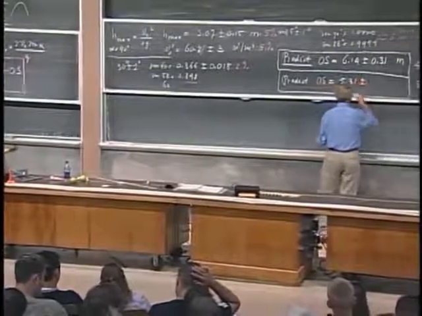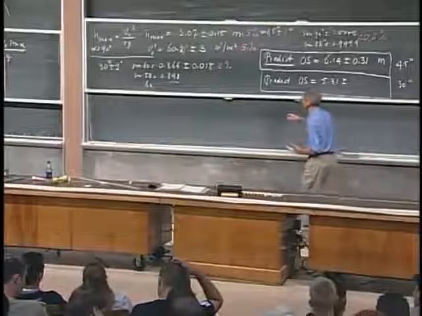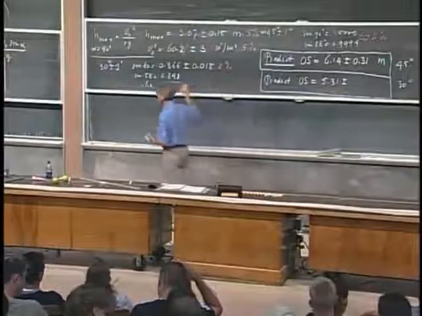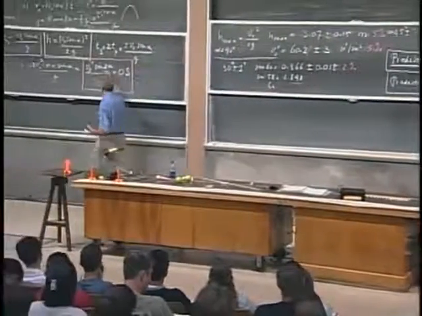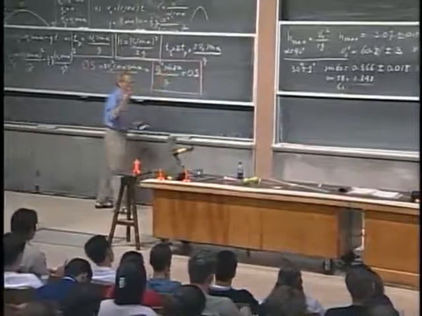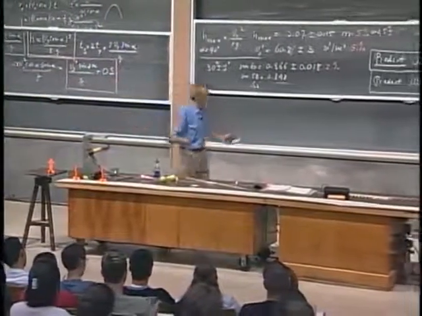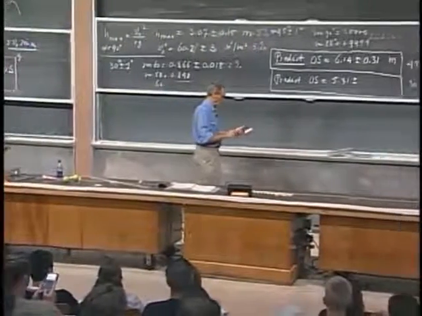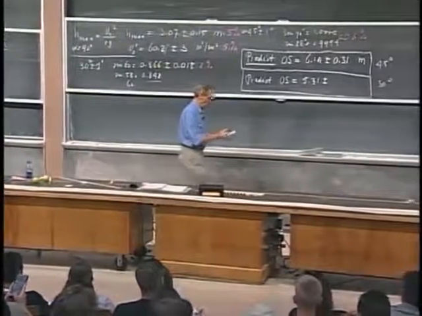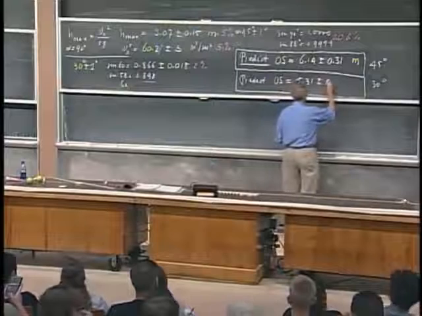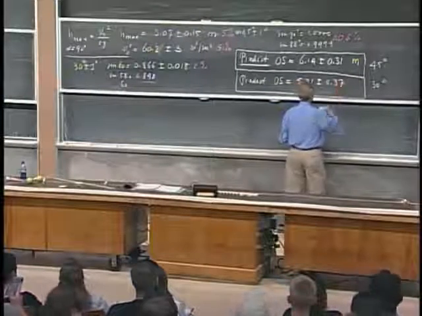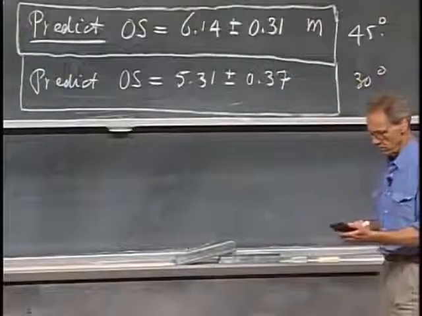plus or minus. Now, 2% error in the sine of 2 alpha, 5% error in V0 squared. That gives me, I can't help it, a 7% error. So I have a 7% uncertainty multiplied by 0.07. So I cannot trust this any better than 37 centimeters.